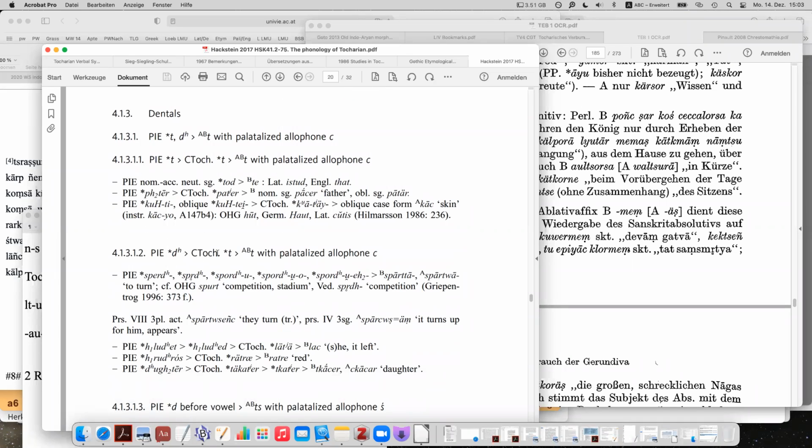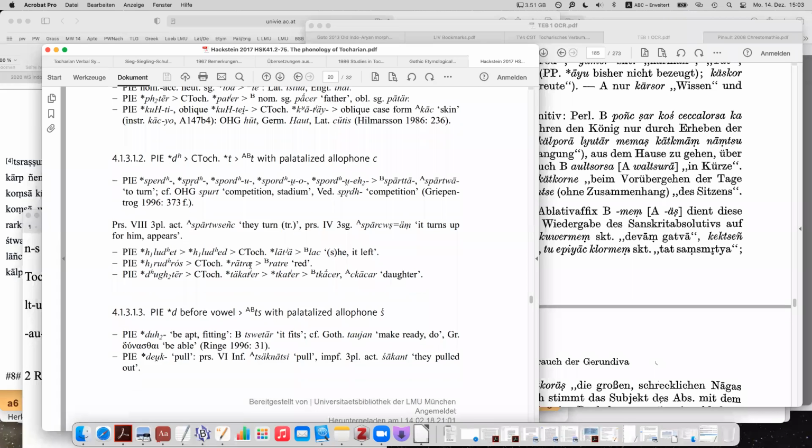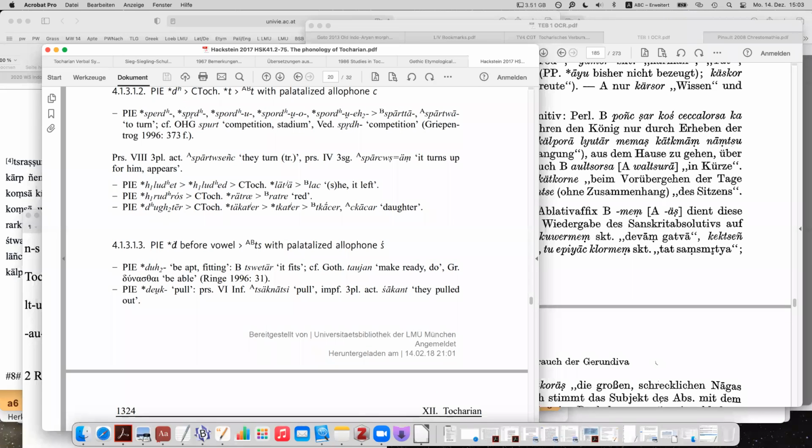The same is here. But the voiced D with no aspiration becomes c in Tocharian, before vowels. So this is actually a special sound change, and the palatalized allophone is called sh.